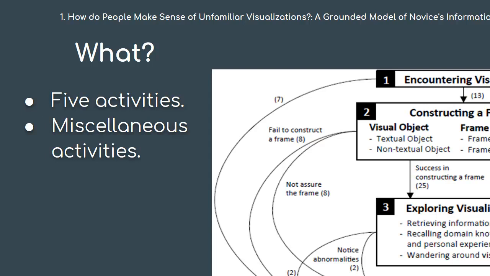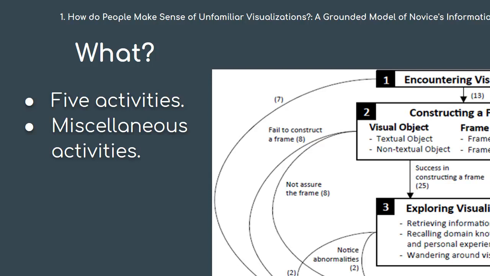In the third activity, the participant begins to visualize the images. There are 3 sub-activities within this activity. In retrieving information, the participant will go back to the second activity to use the information to make sense of the visualization material, or they will use their own personal experience to understand the images.